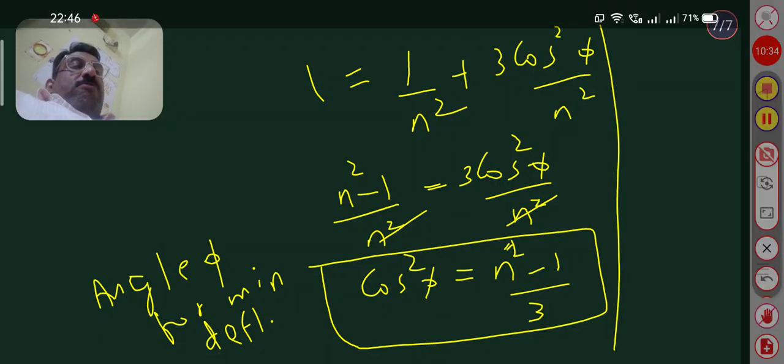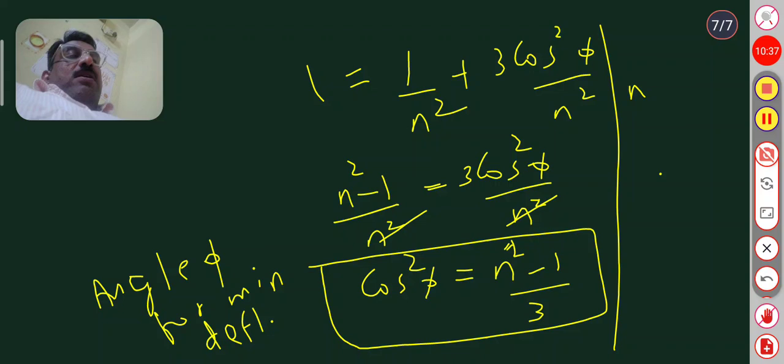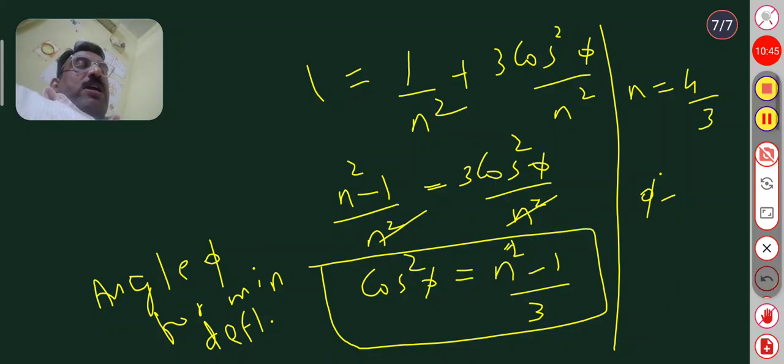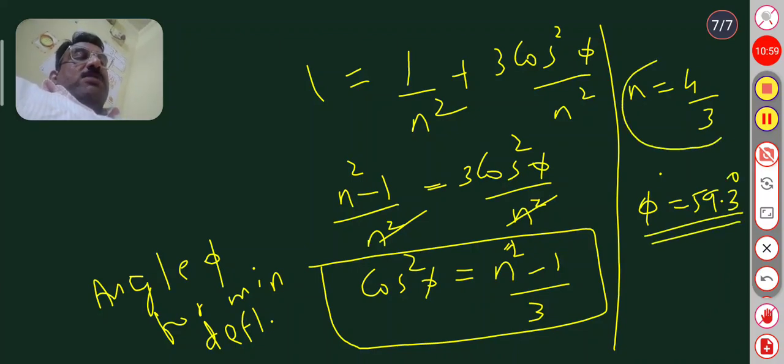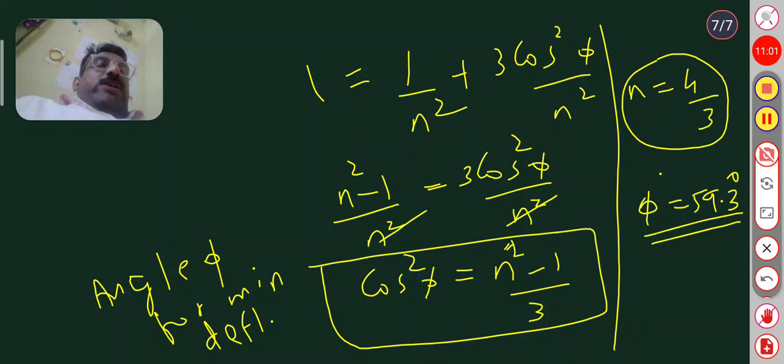Now, if you take the value of n, the refractive index of water, as 4/3, and substitute here, you will get the phi value approximately as 59.3 degrees.